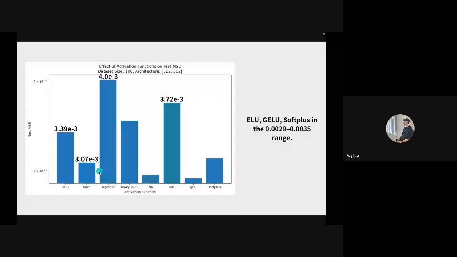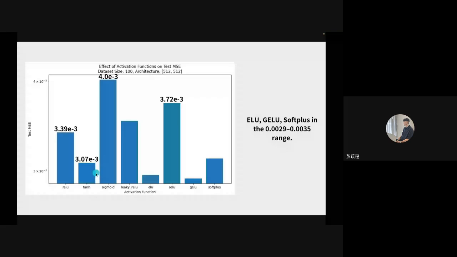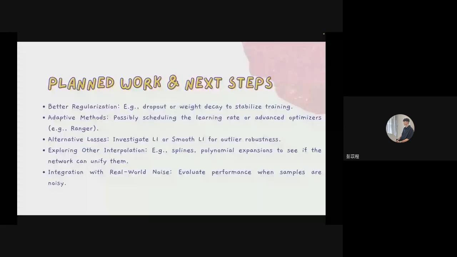And we can find that the hyperbolic tangent performs best on the test, ReLU variants were fairly stable, and sigmoid and SeLU were in the middle or slightly worse. However, these outcomes can also depend on initialization and learning rate, and do not imply sigmoid or SeLU are inherently inferior.